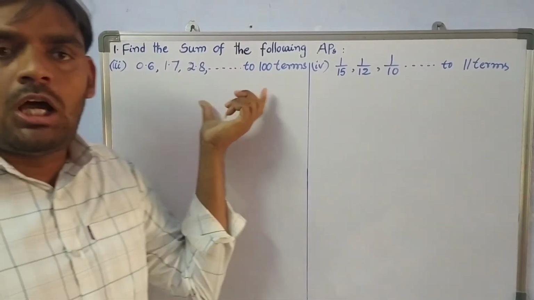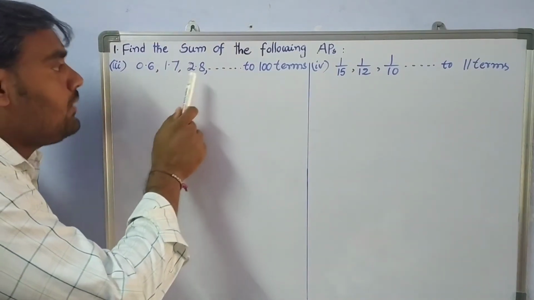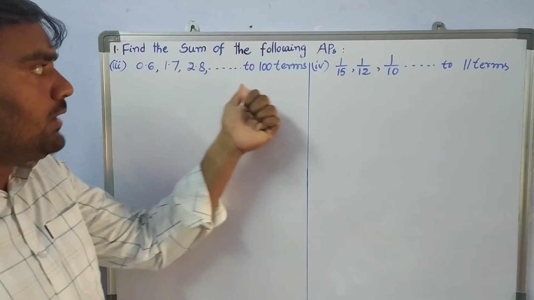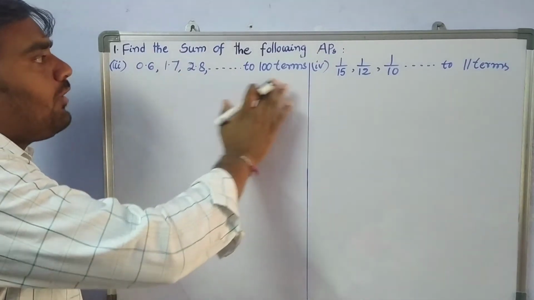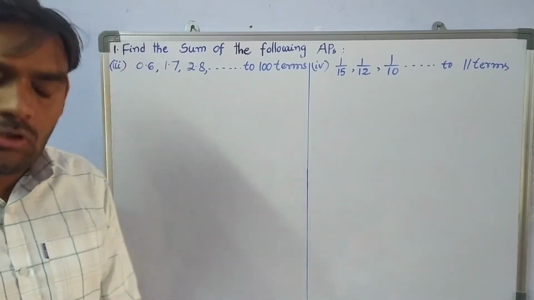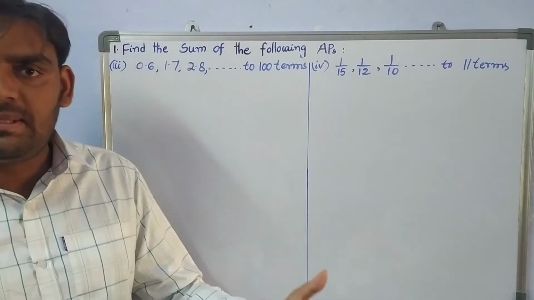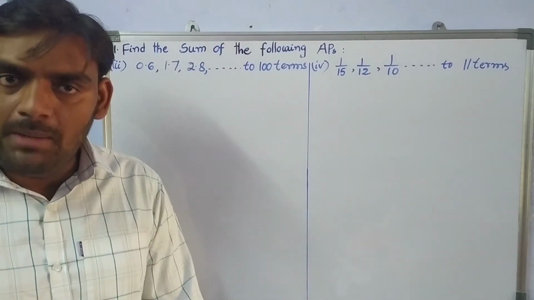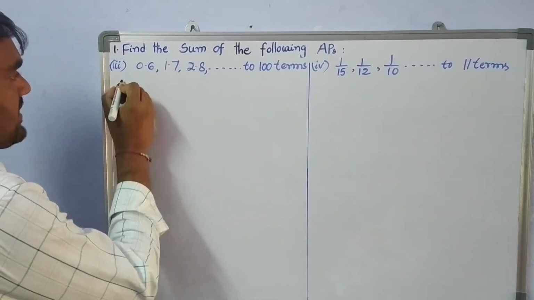Coming to the third problem, 0.6, 1.7, 2.8 and so on to 100 terms. We need to find the sum of all the terms which are present in this arithmetic progression. So the basic formula, we all know that Sn is equal to n by 2 into 2a plus n minus 1 into d. Am I correct? So here a is nothing but 0.6.